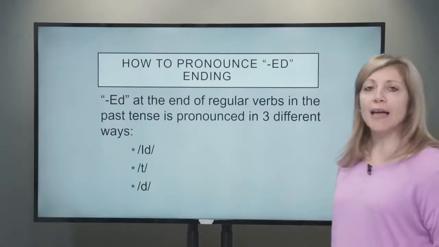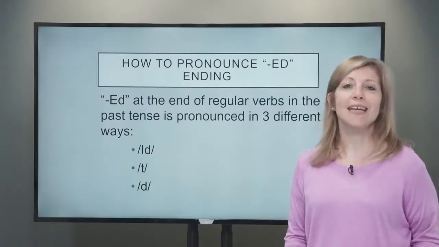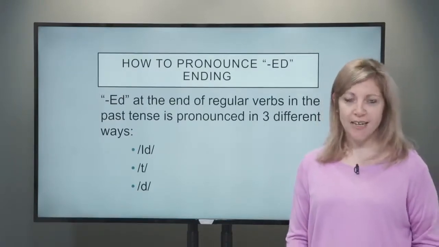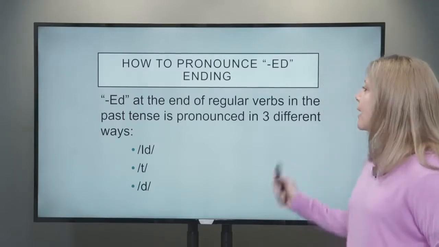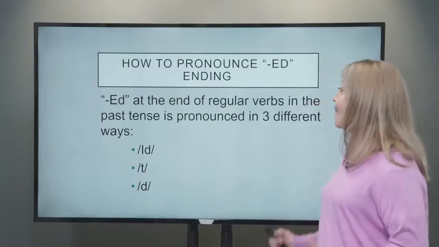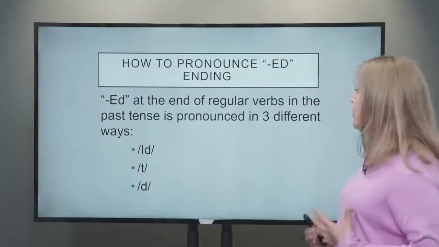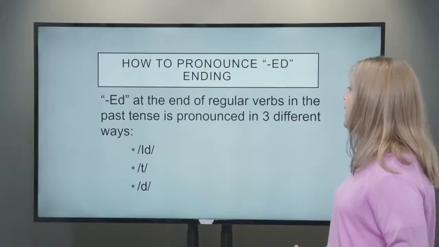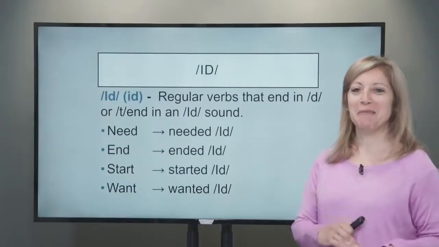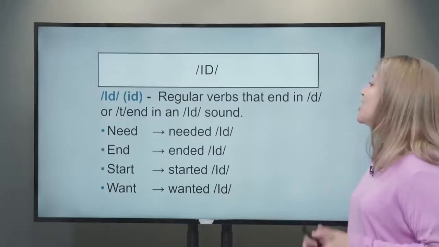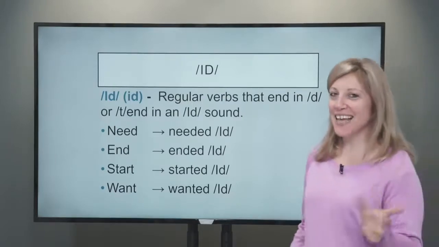We pronounce the sound ed in 3 different ways. Okay, so let's look at the first one, and it's the easiest one first. Sorry, I'm getting a bit confused here with my slides. Okay, so I was telling you 3 different sounds. Let's go back.